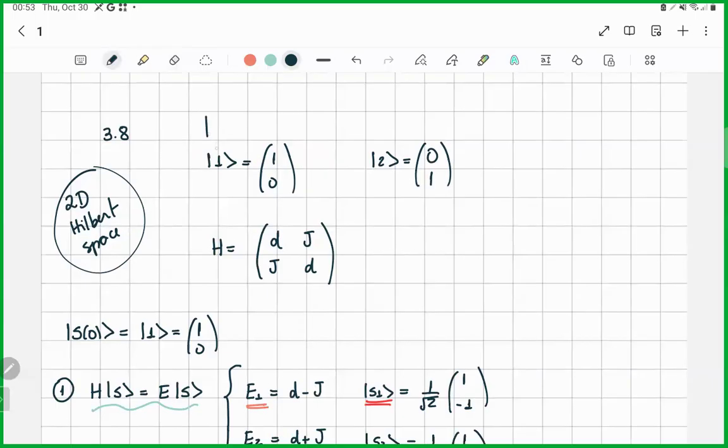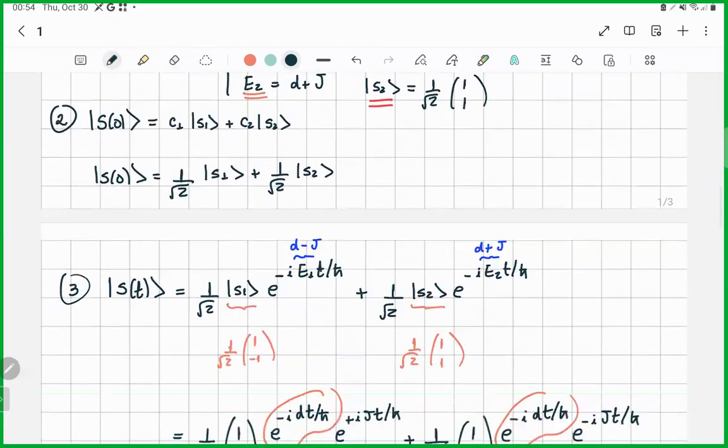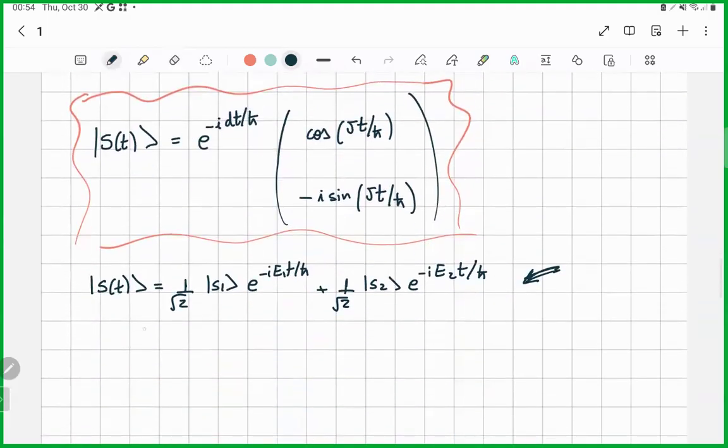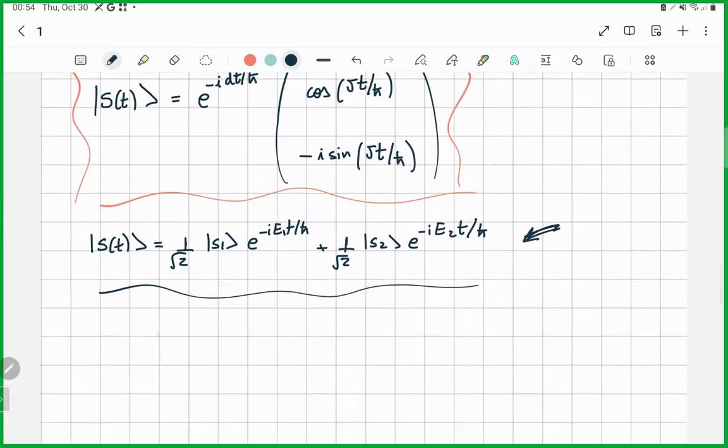We could say that this state 1 corresponds to a spin half pointing up in the z direction, and this state 2 corresponds to my spin pointing down in the z direction. Okay, so I have my system evolving in this state, and we could ask, what is the probability that if I measure this system, I find it in that state 1?